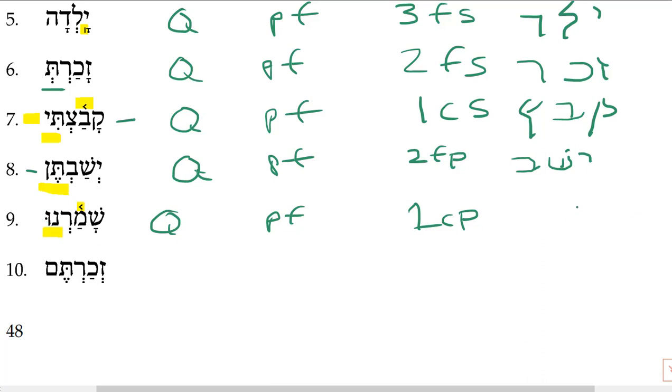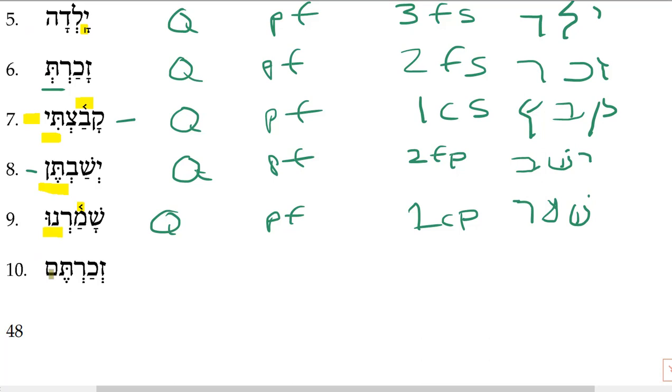And the root here is shamar, shin, mem, resh, and that means to guard or to keep, and so this would just be 'we kept, we guarded.' Let's do one last one here for practice.